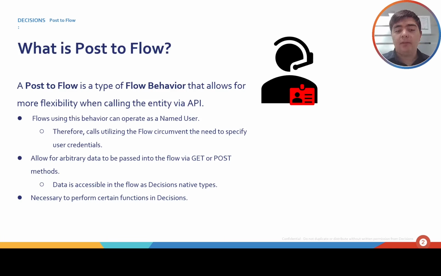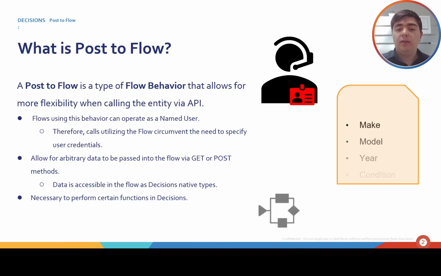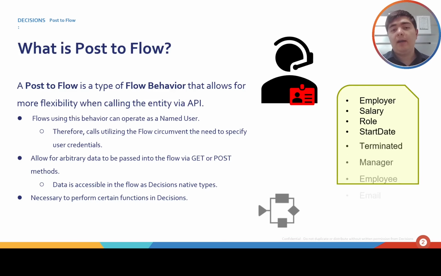The other thing this allows for is the arbitrary selection of data to be passed into the flow. The kind of data that you can pass in can vary because the way that this flow works is that it takes whatever the request body is and passes that out into the flow under a default type, rather than having to define specific input data.